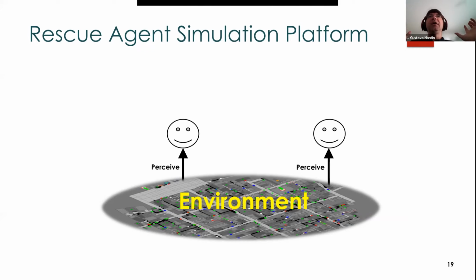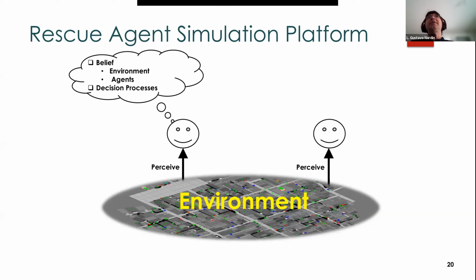They can see only up to a certain point, kind of replicating what we humans can observe or perceive. Once they perceive, they can update their beliefs about the environment and about the other agents that they observe, and they can make some decisions in order to act.